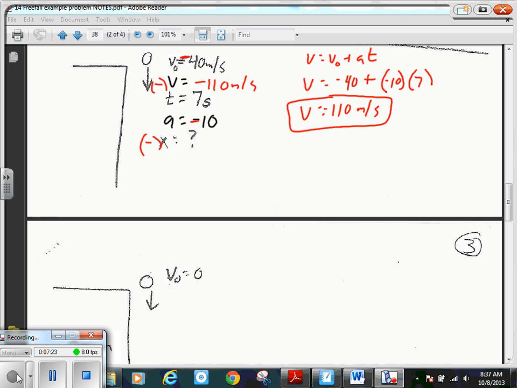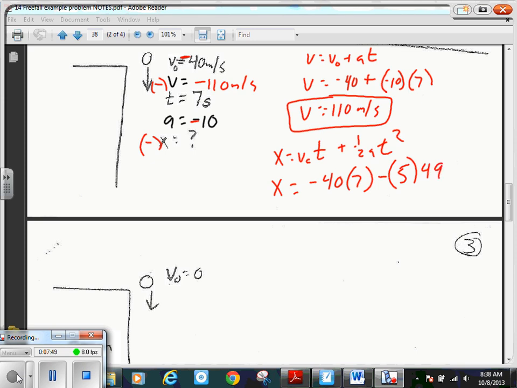Now my x, I could use two different formulas. x equals v sub naught t plus 1/2 at squared. Displacement then is negative 40 times 7 minus 5, that's the 1/2 a, right, times 49.